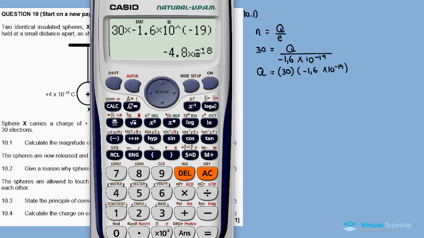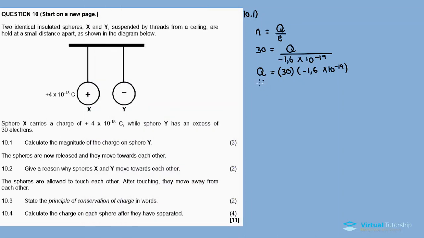This is equal to minus 4.8, so Q is equal to minus 4.8 times 10 to the exponent minus 18 coulomb. The unit here is coulomb. So the charge on Y has the same magnitude as the charge on sphere X.